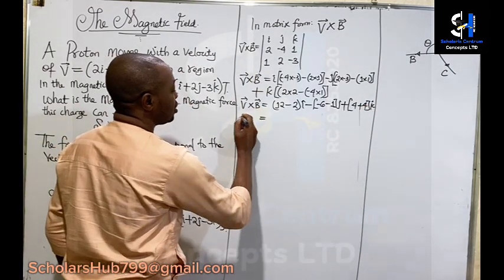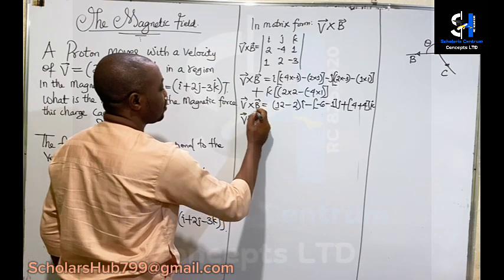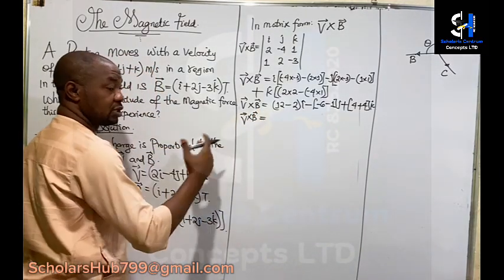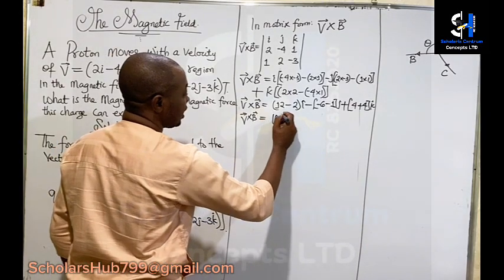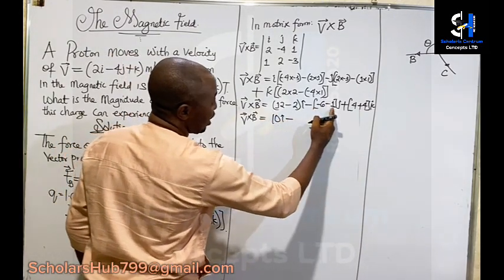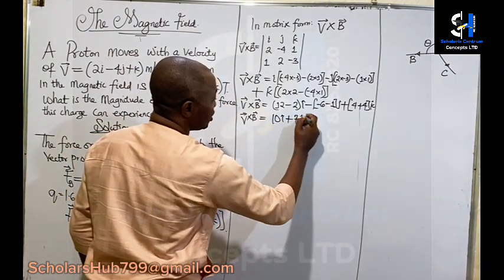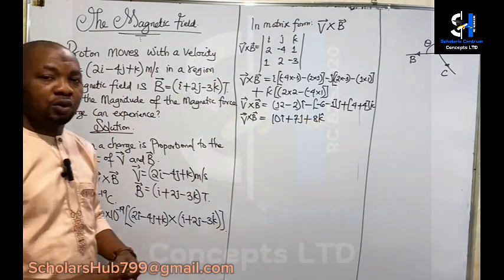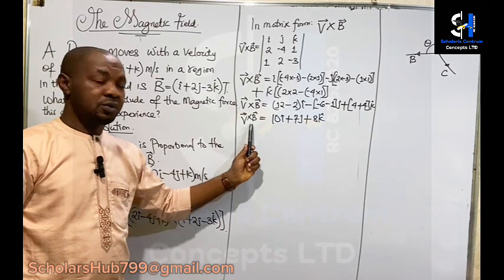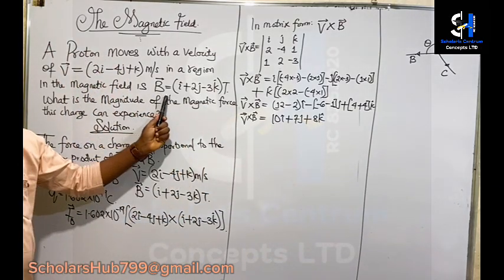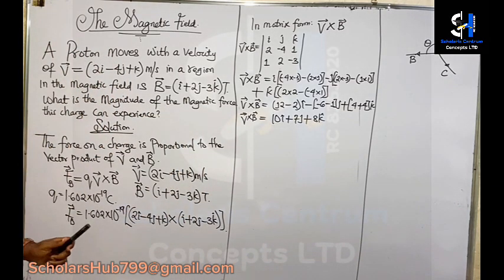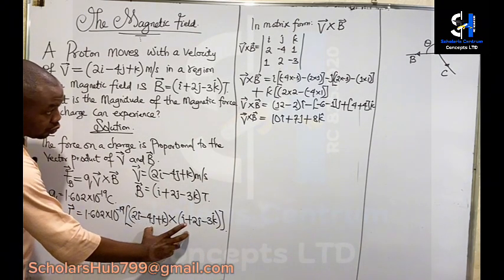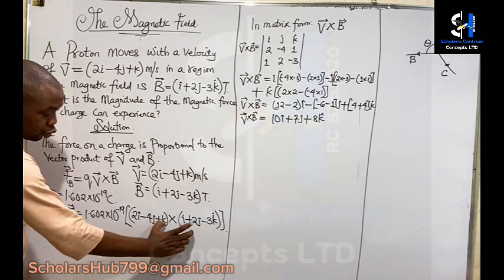All right, so this will be 10i plus 7j plus 8k. So this is the cross product of the two vector fields we are given, that is the magnetic field vector and the speed vector. So we've been able to determine the cross product of these two vectors.